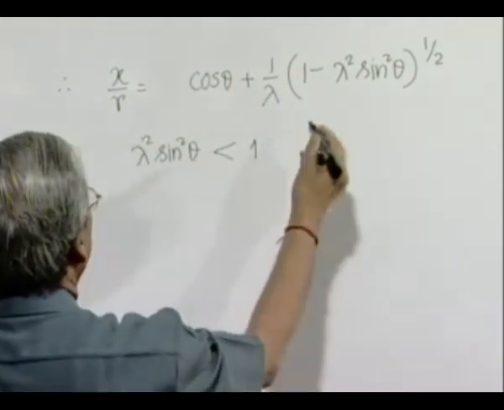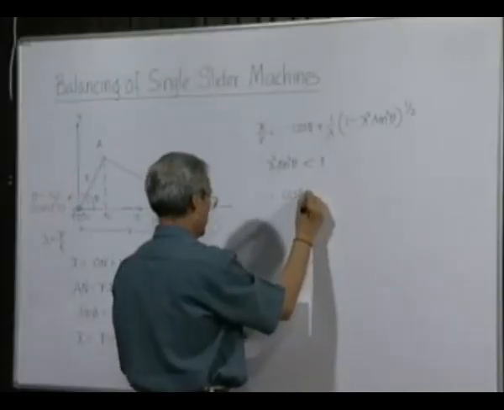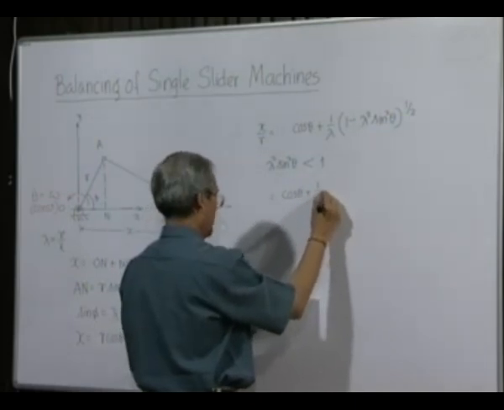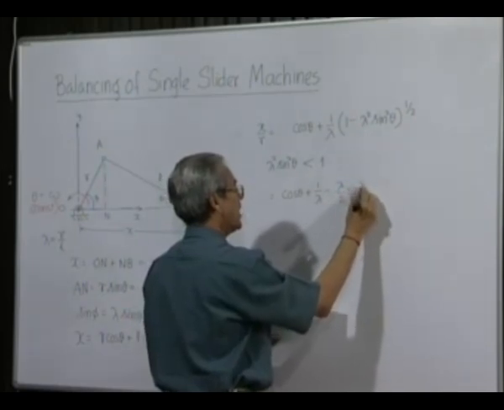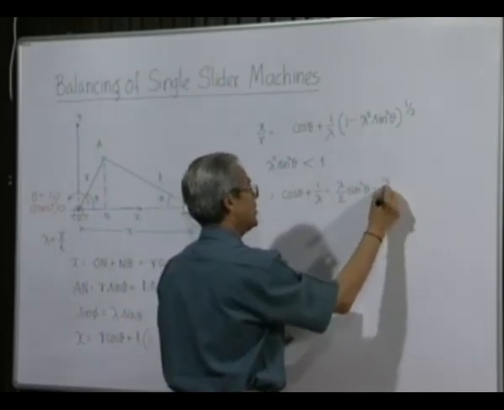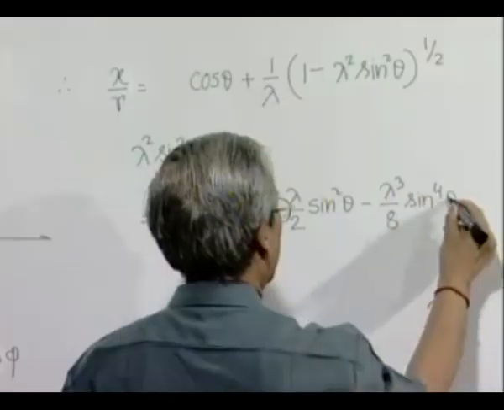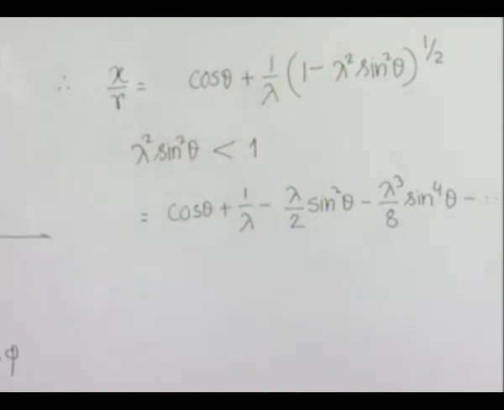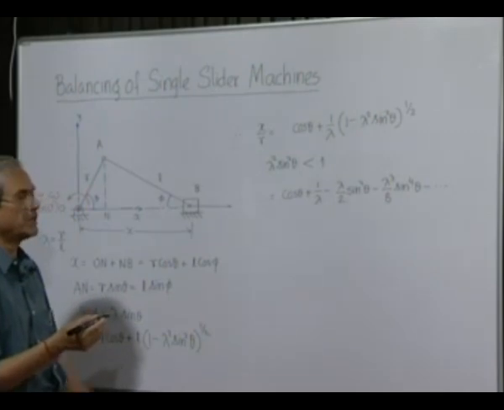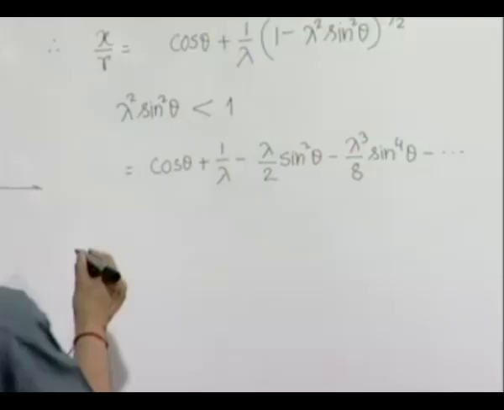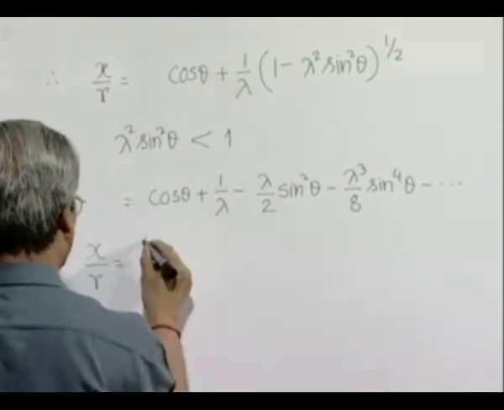If we expand it, we will get cosine theta plus 1 by lambda minus lambda by 2 sin square theta minus lambda cube by 8 sin to the power 4 theta, and so on. Now, I think there can be some trigonometric manipulation done, which I will not go into, but you can show that x by R can be written in this form.